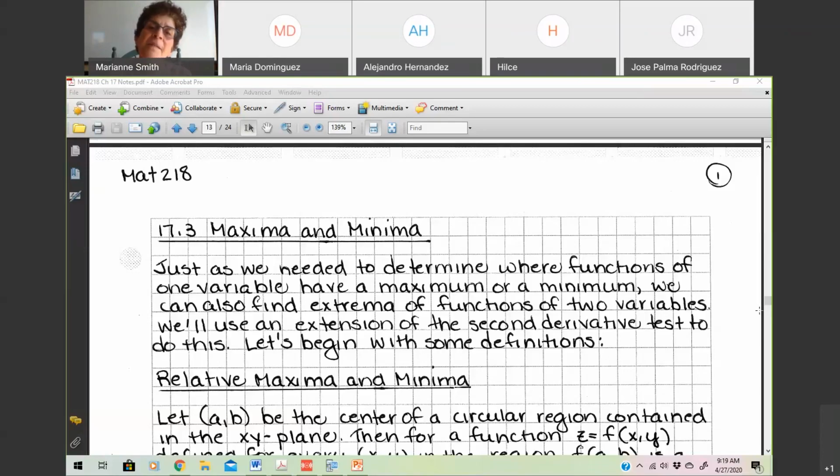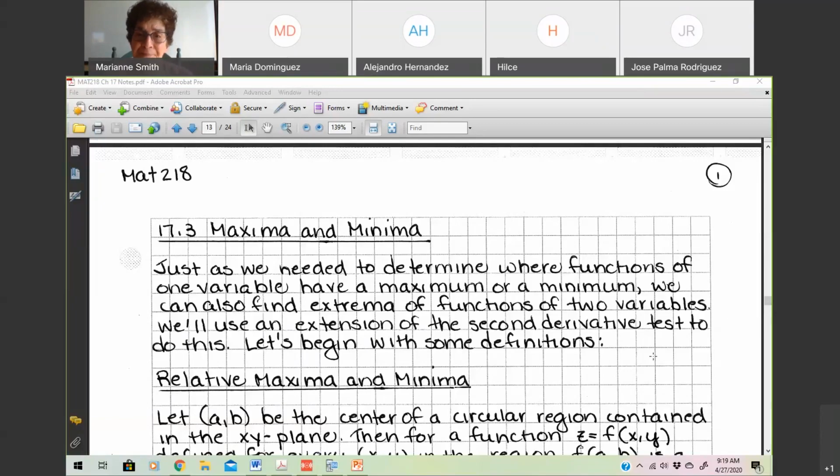So it's the same kind of question that you asked back in brief calculus of functions of one variable. It's just now you've got more than one input for the functions. That's the only difference. Otherwise, we're doing exactly the same thing that we did in brief calculus.